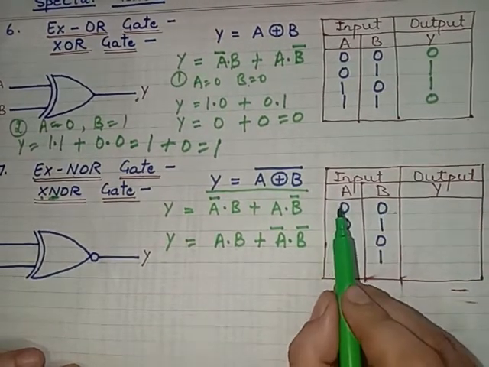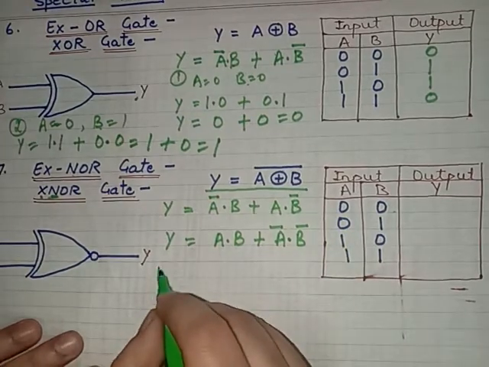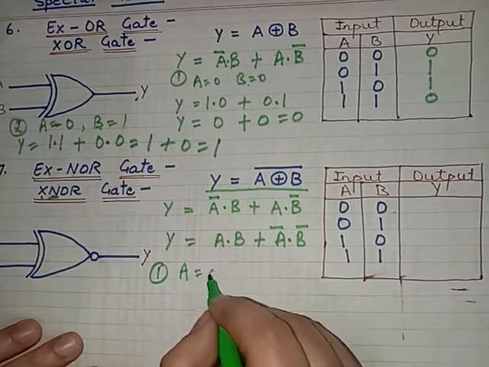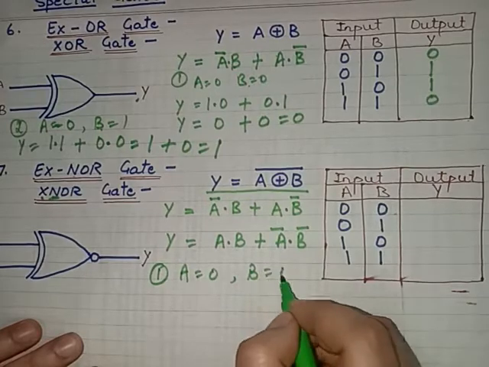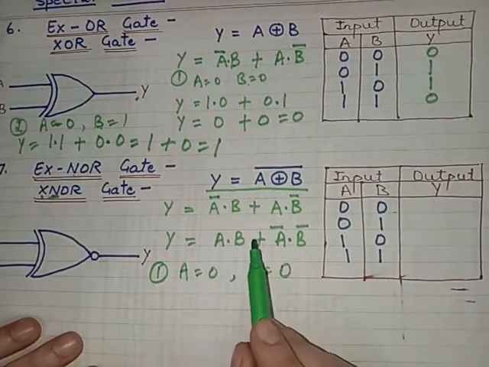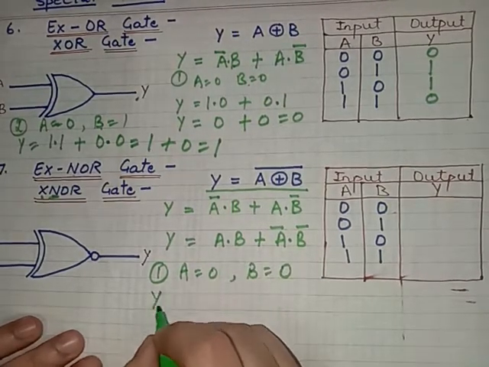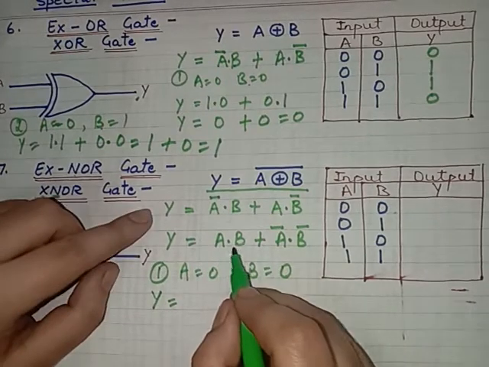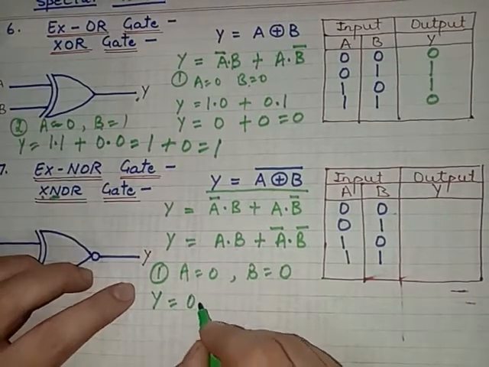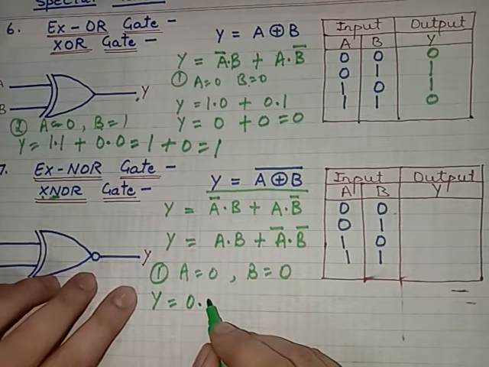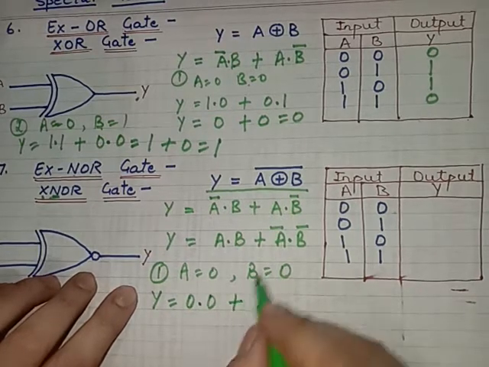Now we will find the relation between the inputs and outputs. Suppose the first case we are going to consider is when A is equal to 0 and B is equal to 0. Now we put the values of A and B into this equation. Y will be equal to A into B, that is 0 into 0, plus A bar.